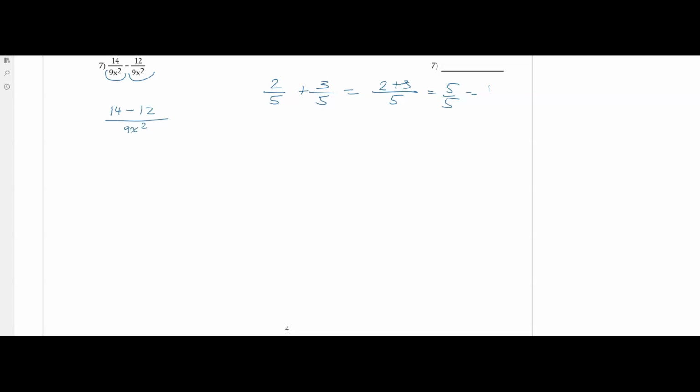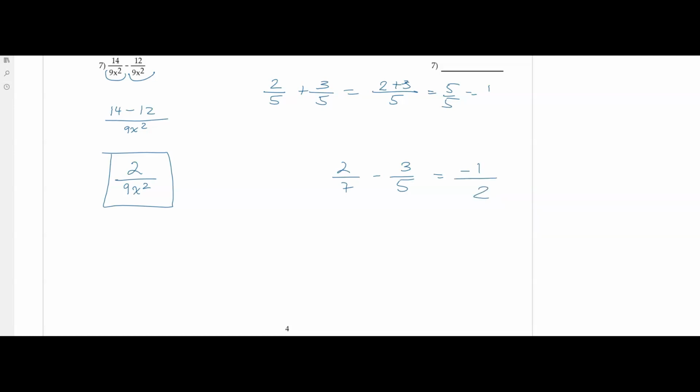Okay? 14 minus 2 is 14 minus 12 is 2, and that's 2 over 9x squared. One thing that you cannot do is, for example, if you have 2 over 7 minus 3 over 5, do 2 minus 3, negative 1, and then 7 minus 5 is 2.